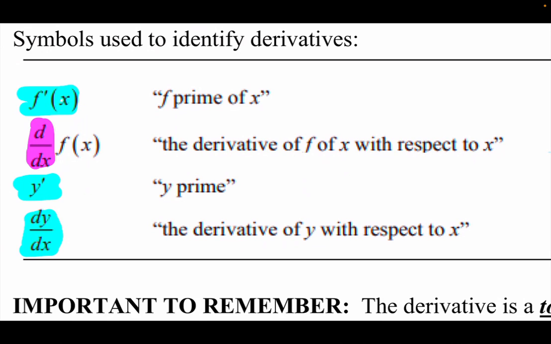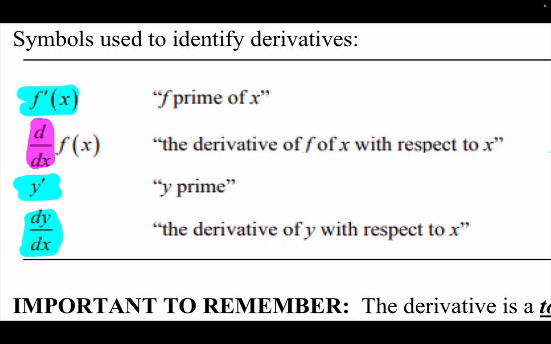But at the exact same time he was doing his discoveries in England, in Germany there was a guy named Leibniz who was doing the exact same thing. They didn't know each other, they didn't talk to each other, but they were doing the same exact thing at the same exact time. So the reason we have so many symbols is because some are what we call Newtonian symbols, and some are Leibniz symbols, Leibniz notation.